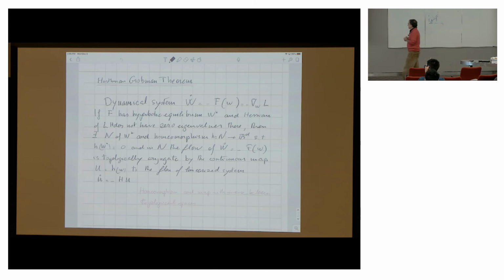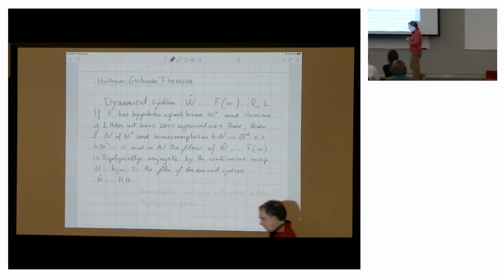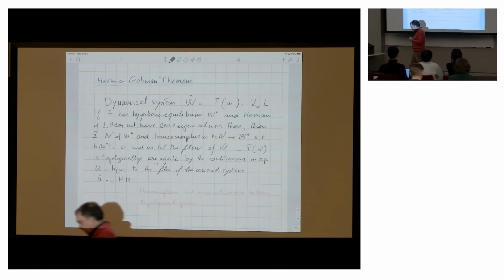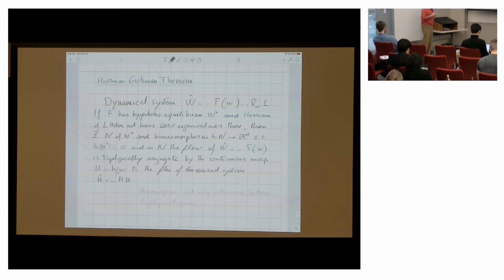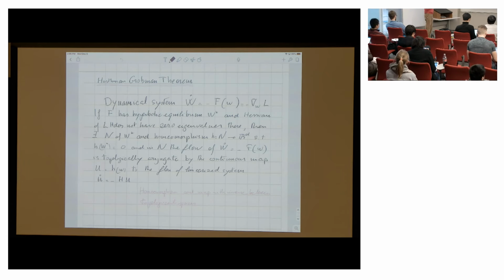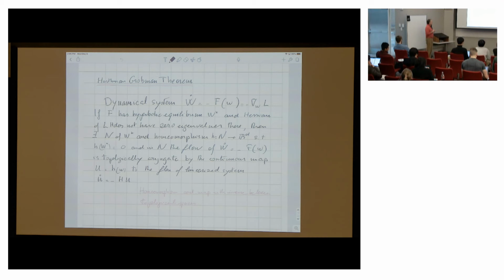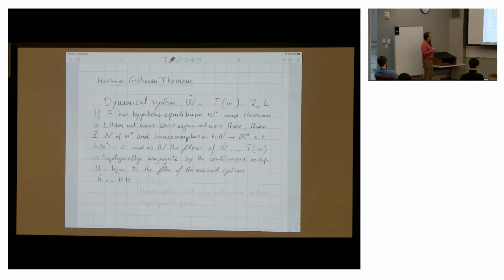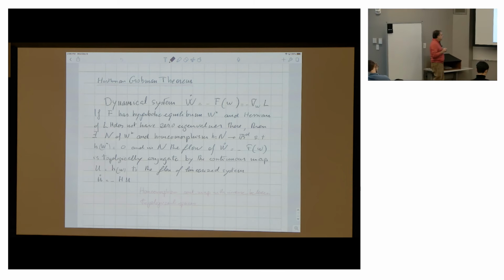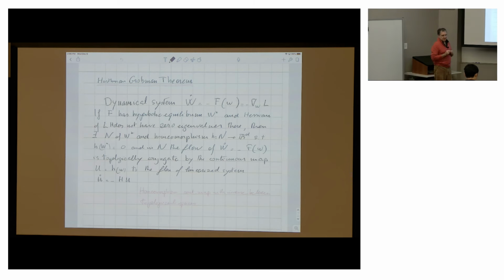And this says that a gradient dynamical system can be described effectively in terms of its qualitative properties, around an equilibrium, by its linearization, if its Hessian is non-degenerate.